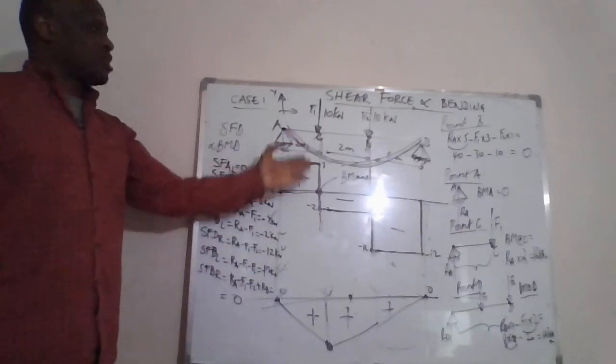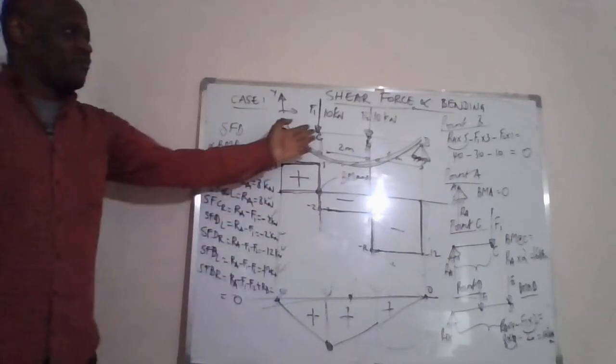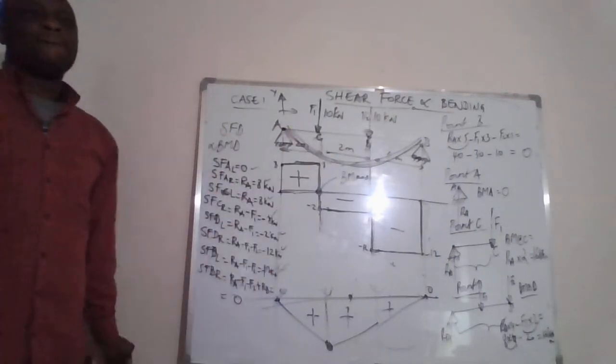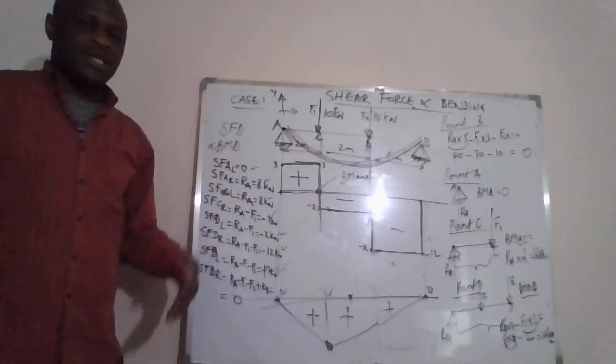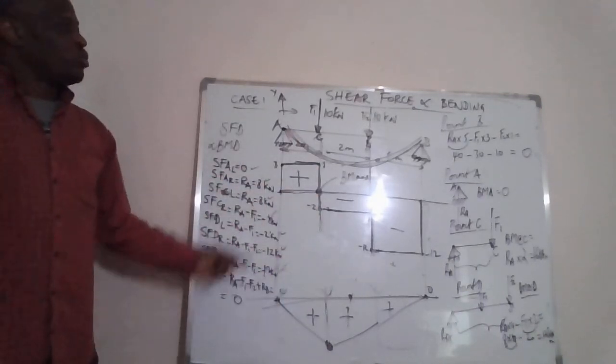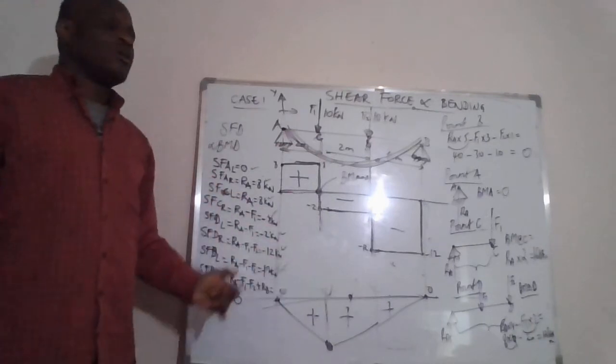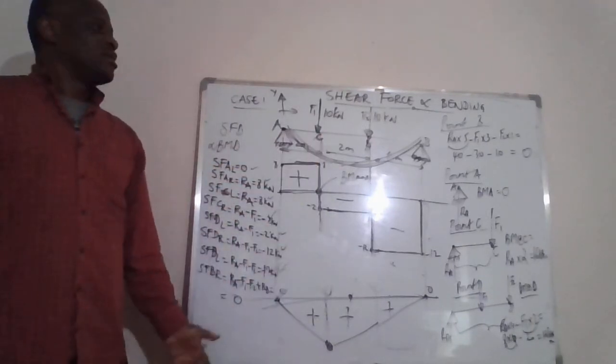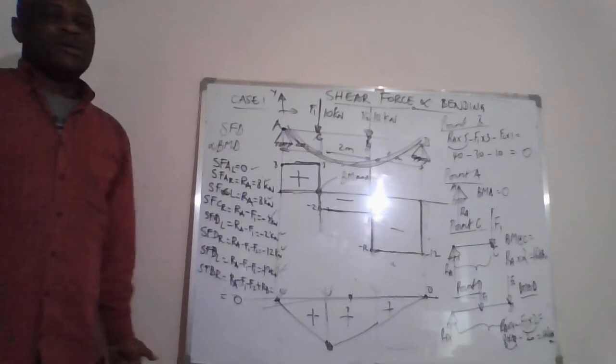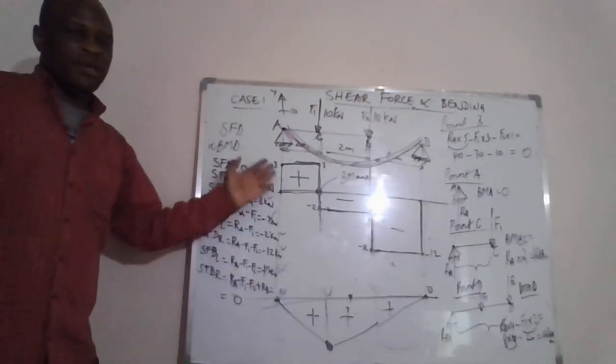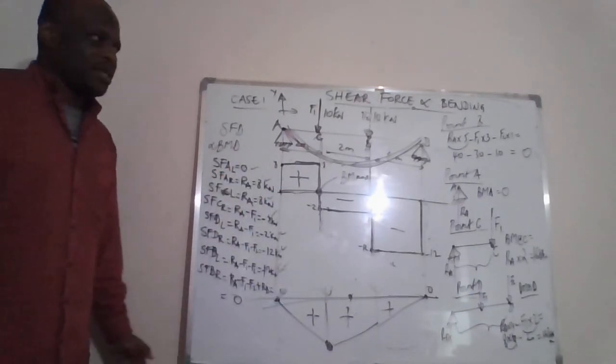This is the first case where we have only point load. We will take different cases as we progress, with distributed load and with applied moment, and see how the shear force and bending moment diagrams can be represented.